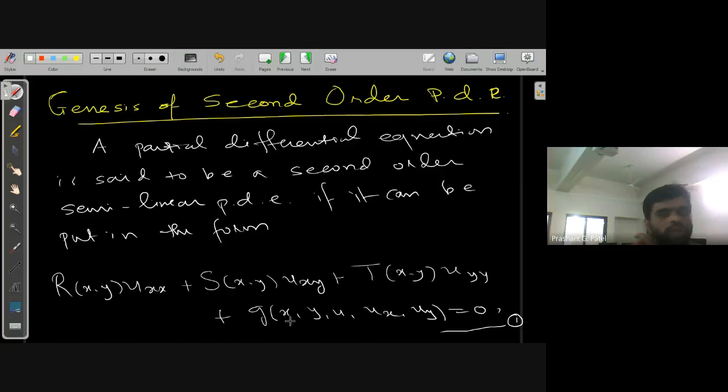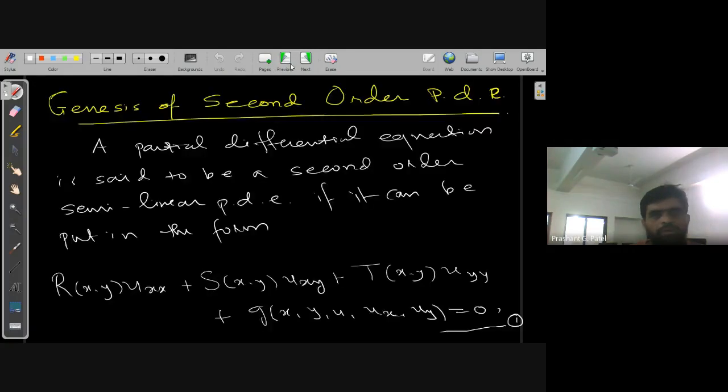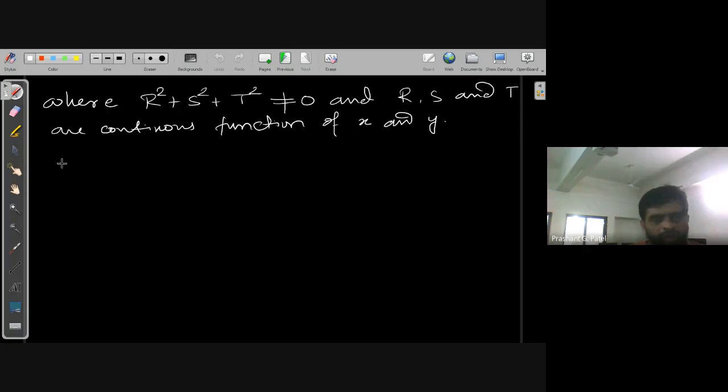Now, what do we mean by a solution for this? Whatever function satisfies this differential equation is called the solution for that, and that is called the regular solution. So there is a definition of a regular solution.